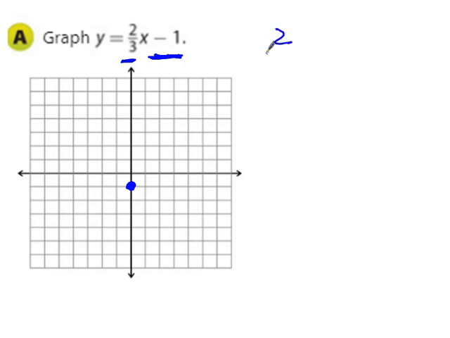We know the slope is 2 over 3, and that's a rise of 2 and a run of 3. So from here, I'm going to rise 2, 1, 2, run 3, 1, 2, 3. So I went up 2 over 3. I can go up 2 again, over 3.